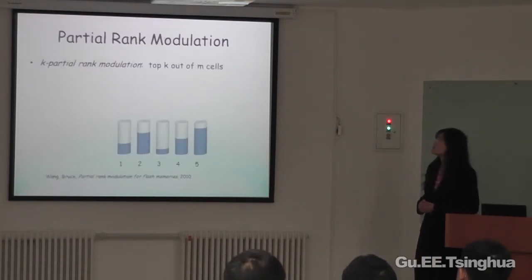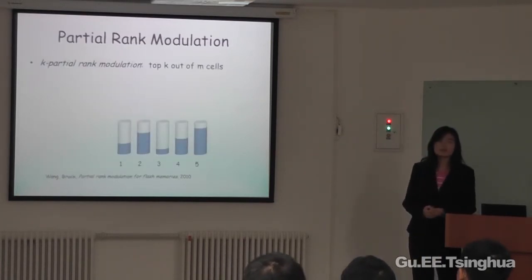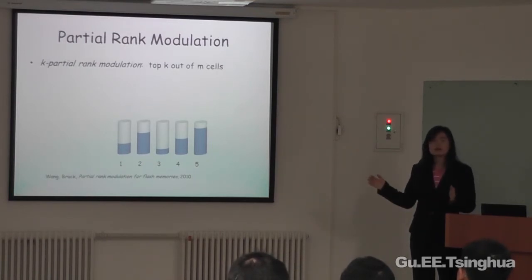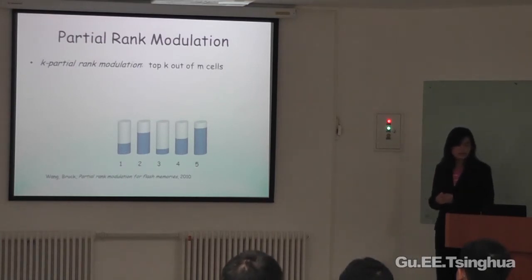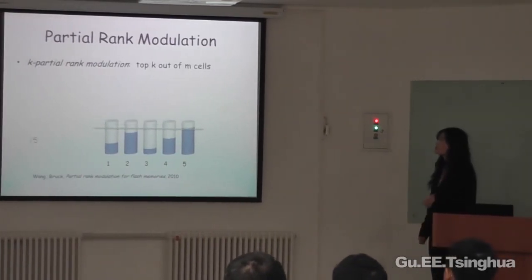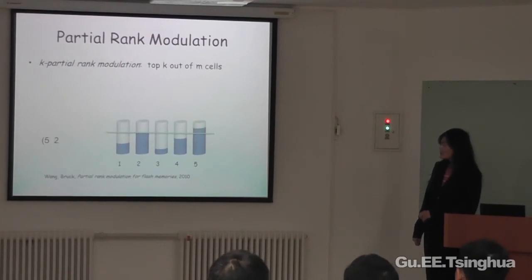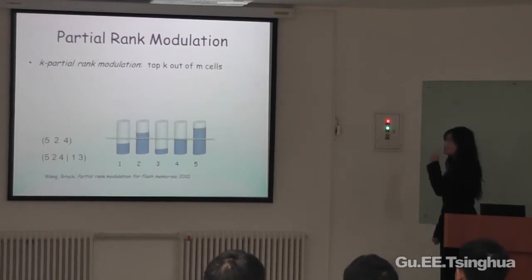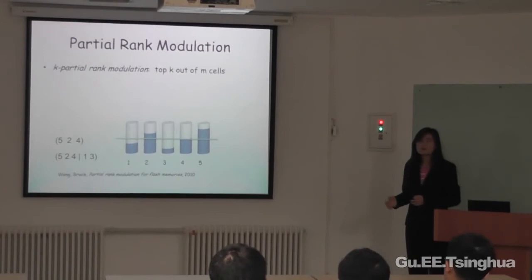So here, I propose partial rank modulation. I take a group of n cells. Instead of taking a full permutation, I take a partial permutation. Let's say that I look at the top k out of n cells. Say k is 3. Then I would get 5, 2, and 4, and I don't compare 1 and 3.